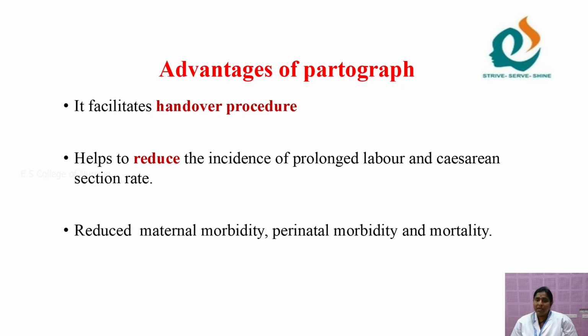Along with that, atonicity of the uterus, where it does not contract properly, may also lead to PPH, and that leads to maternal morbidity, perinatal morbidity and mortality. So the partograph plays a vital role in identifying complications of mother and neonate early itself, so that we can prevent maternal mortality and morbidity, and neonatal mortality and morbidity.